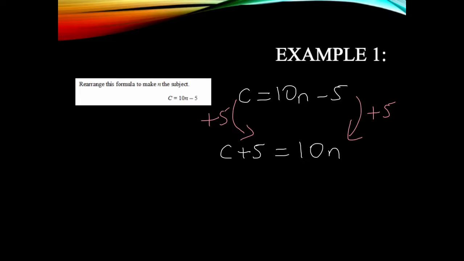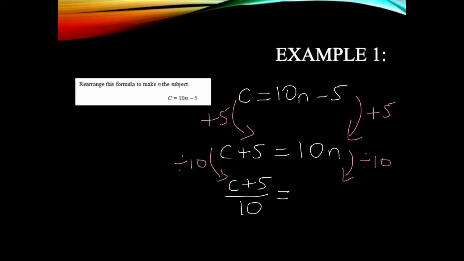Okay, perfect. Now, again, if we were solving an equation, the next thing we would do is we would divide both sides by 10. And again, that's exactly what we're going to do here. Now, c plus 5 is what we started with, so we've still got c plus 5, and we're dividing all of that by 10.